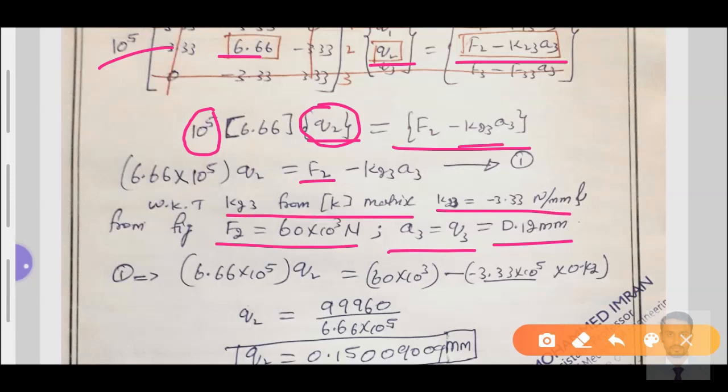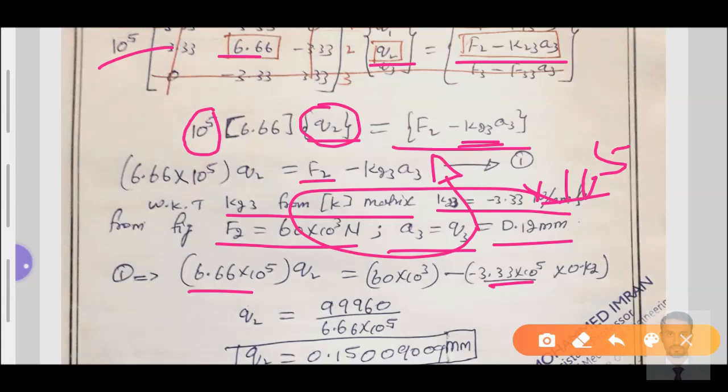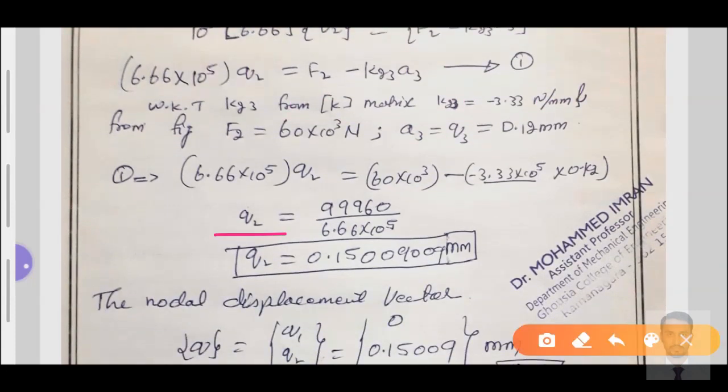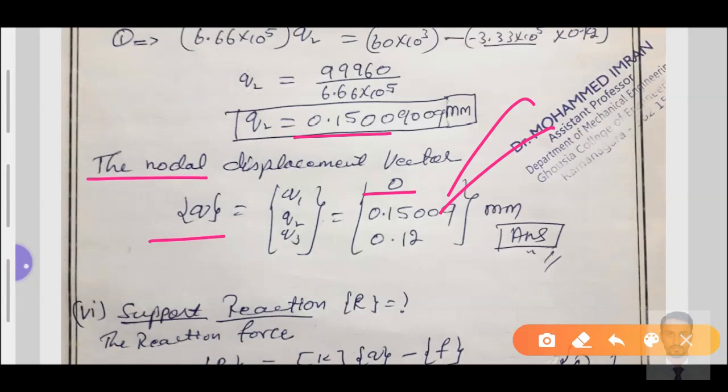K23 equals minus 0.33 into 10 to the power of 5. After substituting all these values in this equation, we get the value of q2. The q2 value is 0.1500909 millimeter.